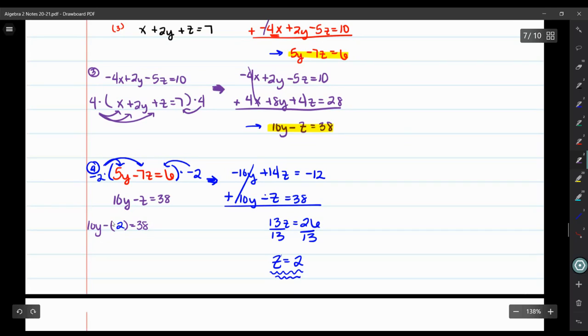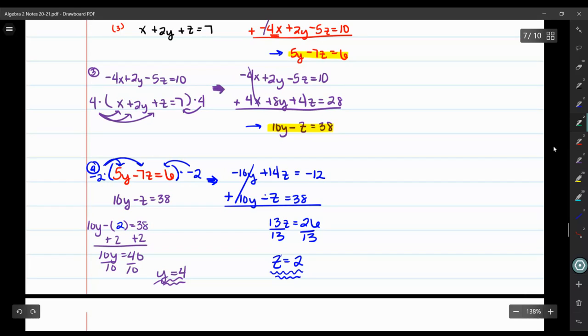Since there's just a negative 2, we're going to add 2 to both sides. So we end up with 10y equals 40. Divide by 10, and that gives us that y is equal to 4. So there's our second piece. So that's all step 4. This is solving that 2-variable system.